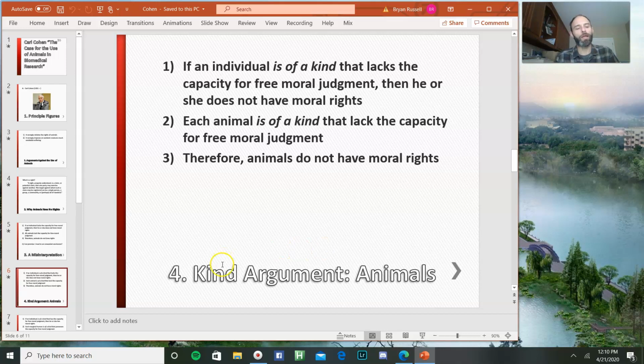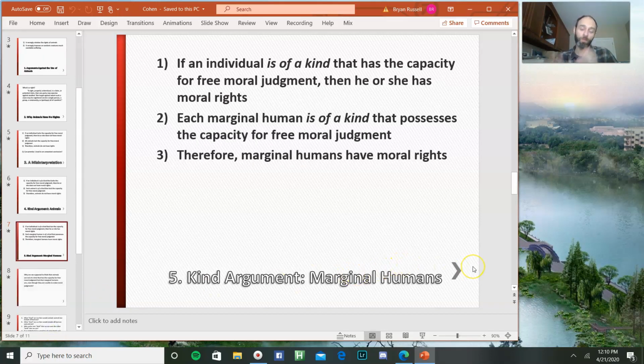So the fix, now that he proposes this argument against non-human animals, he can have a fix for human beings, what the literature calls marginal humans. Marginal humans is just a technical term, an unfortunate technical term that refers to human beings that do not have rationality, autonomy, are not able to recognize the social contract, etc., right?